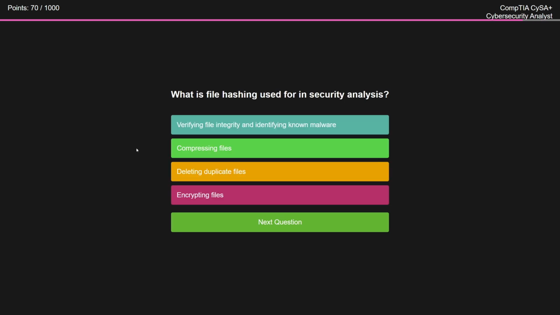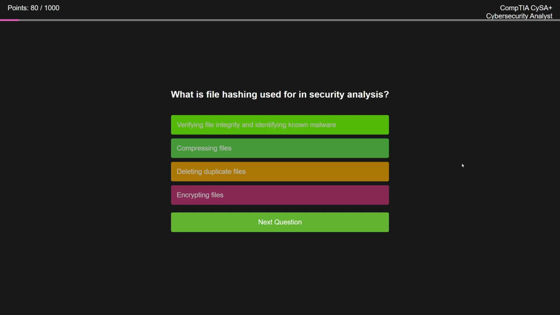Okay, next question. What is file hashing used for in security analysis? Verifying file integrity and identifying known malware. Compressing files. Deleting duplicated files. Encrypting files. So this one's painfully obvious, right? Verifying file integrity and identifying known malware.